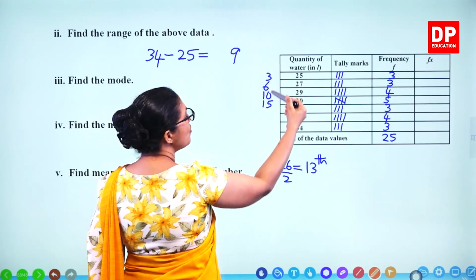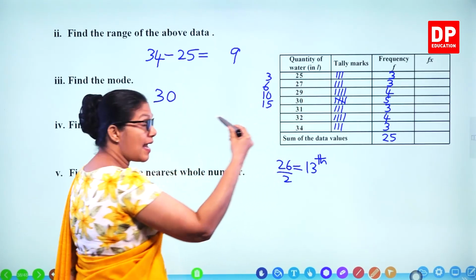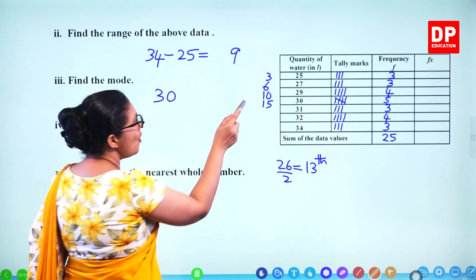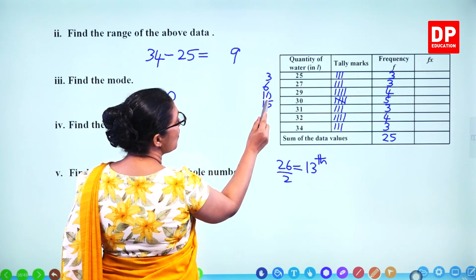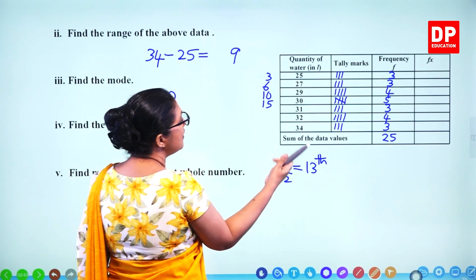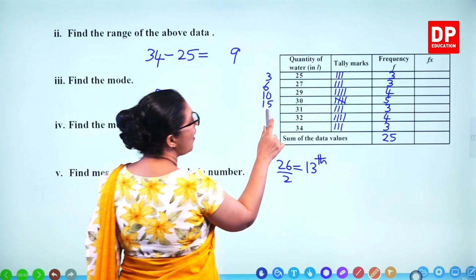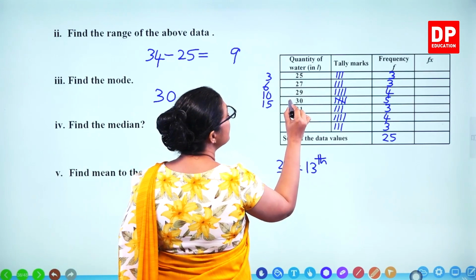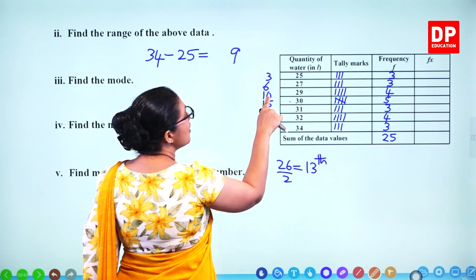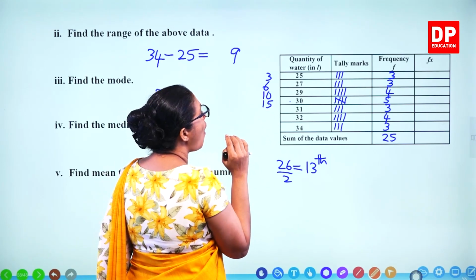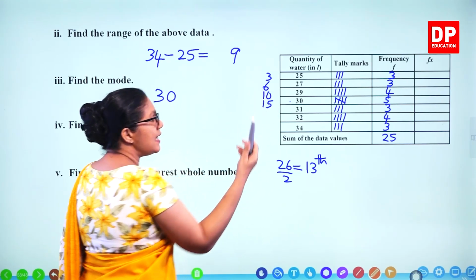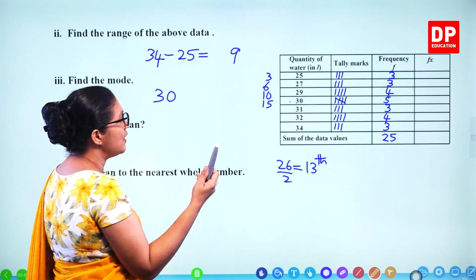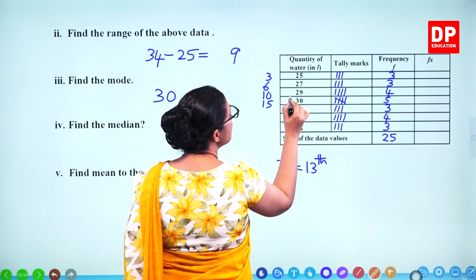So when you count the cumulative frequencies, adding frequencies downwards, after the 10th one, the 11th, 12th, 13th, 14th, 15th are all 30s.